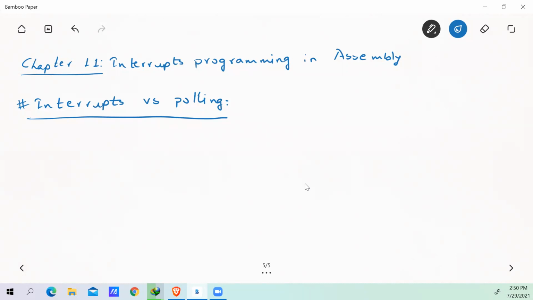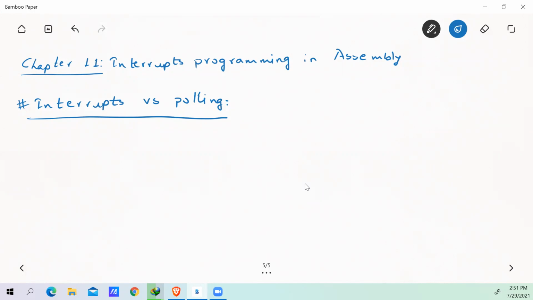Sir, is polling something that a microcontroller always does on its own, or does some specific function have to be given to it? It is not that a function is being given or not. It depends on whether you are activating the interrupt or not.